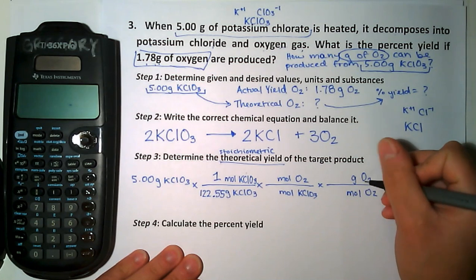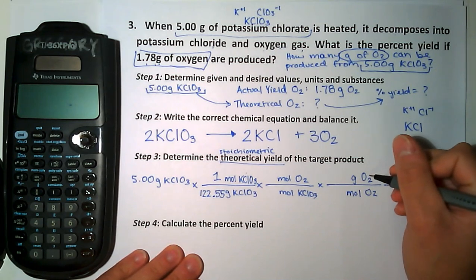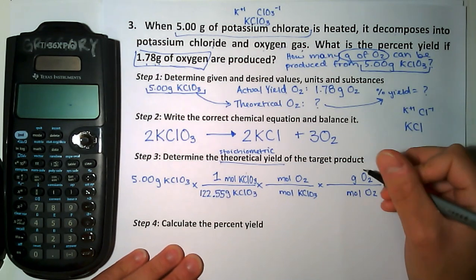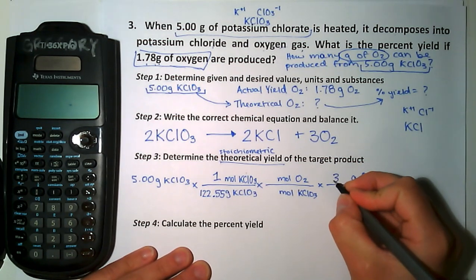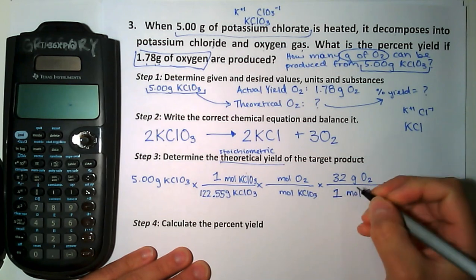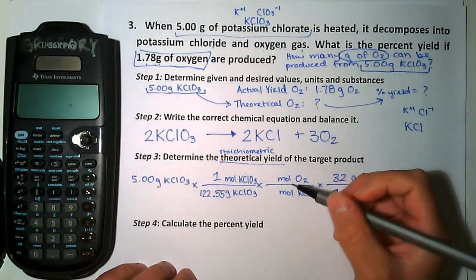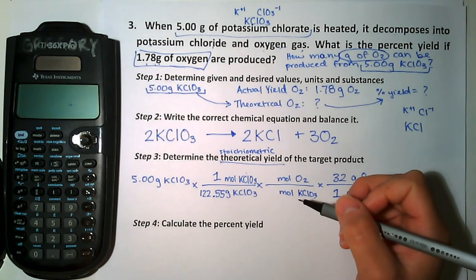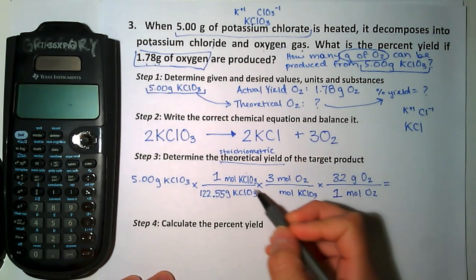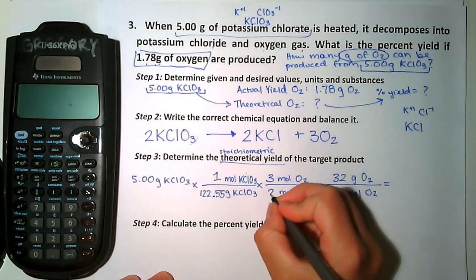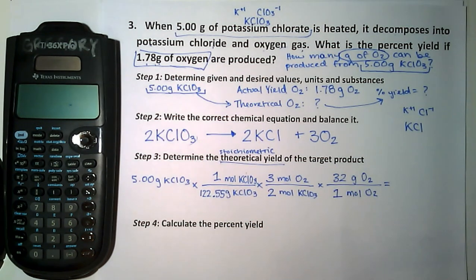Then for oxygen, we have diatomic oxygen. The mass of 1 oxygen is 16, so if we multiply that by 2, we get 32 grams per 1 mole. Now all we have left is to fill in our mole ratio. There are 3 moles of O2 in our equation, and 2 moles of KClO3 in our equation. So it's a 3 to 2 mole ratio.